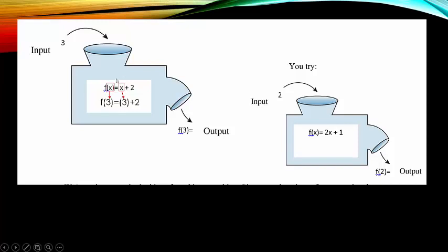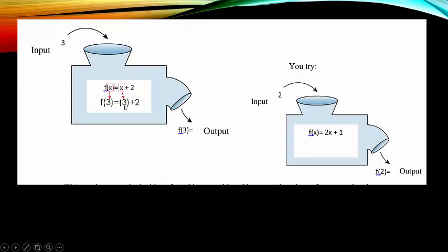So what would happen is I would take this x out and put a 3 in its place. So everything else stays the same, but instead of x, you write 3 everywhere you see x. So it'll look like this. And this is all going on inside the machine.